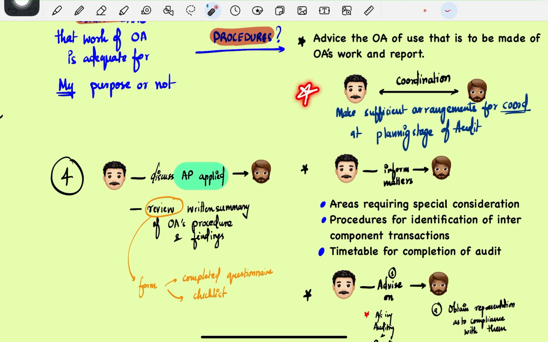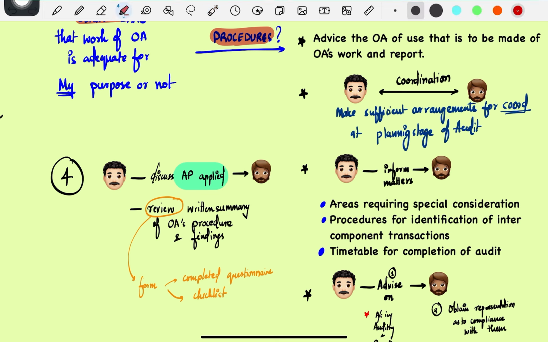Second procedure. There should be coordination between the Principal Auditor and the Other Auditor. Make sufficient arrangements for coordination at the planning stage of audit. When you're planning the audit only, you should have coordination between the Other Auditor and the Principal Auditor. Third procedure. The Principal Auditor should inform matters to Other Auditor, especially regarding areas requiring special consideration.